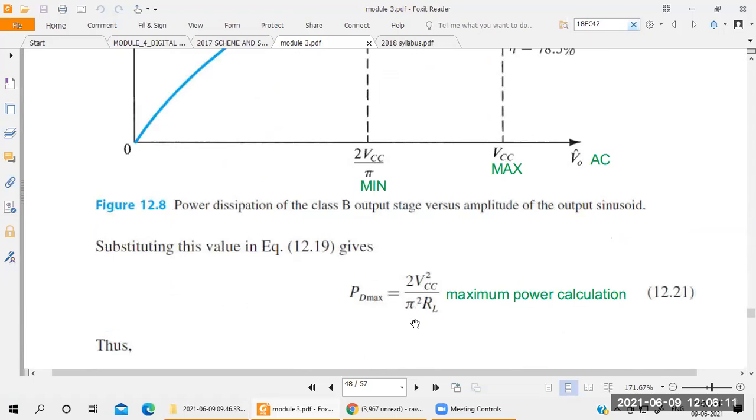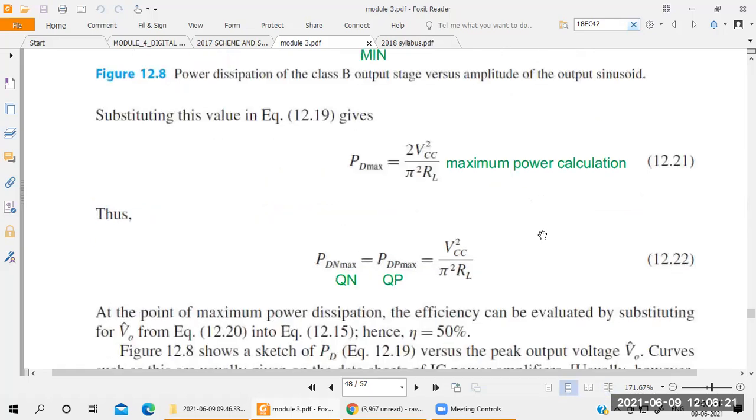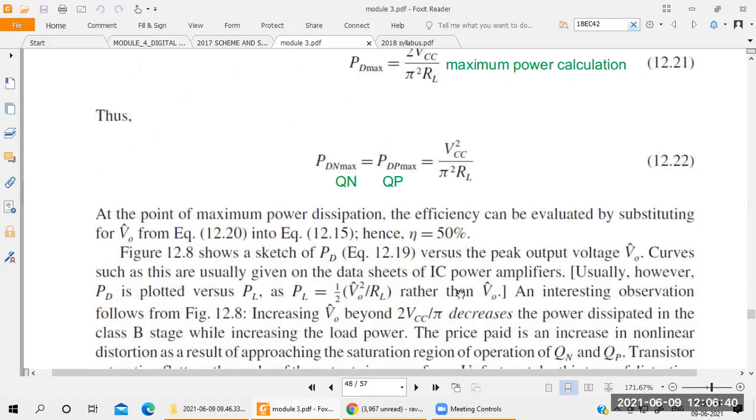This is the maximum power dissipation for class B, that is 2 into VCC square divided by pi square into RL. So next, the individual power dissipation equation is how much here? VCC square divided by pi square into RL. Here the total power has the multiplication by 2; for the individual transistor's power you neglect the 2. You can write only the equation VCC square divided by pi square into RL.